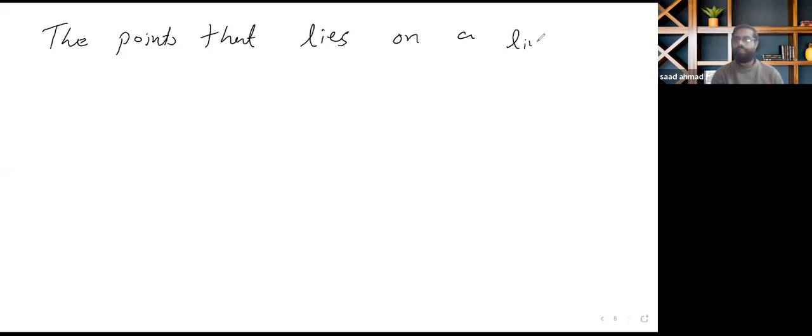And the points that lie on a line are called collinear points.